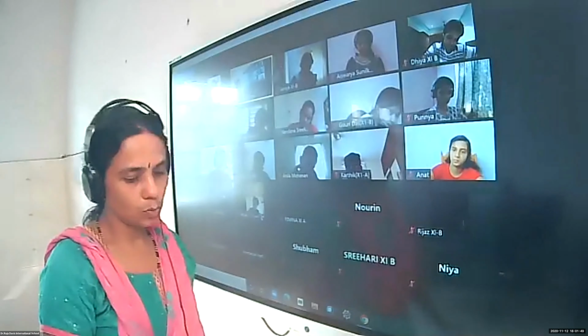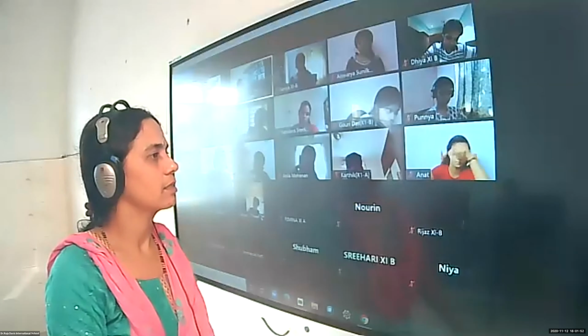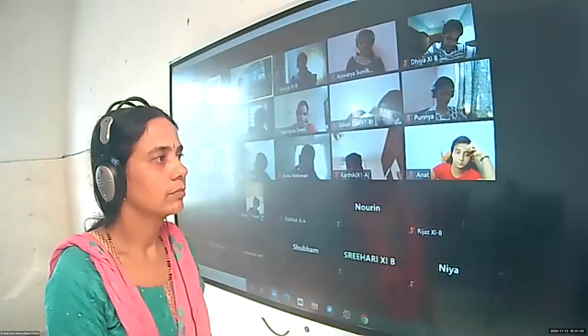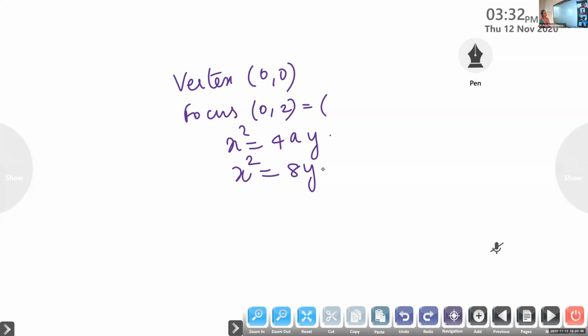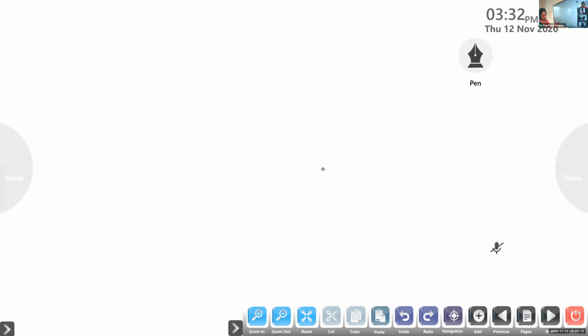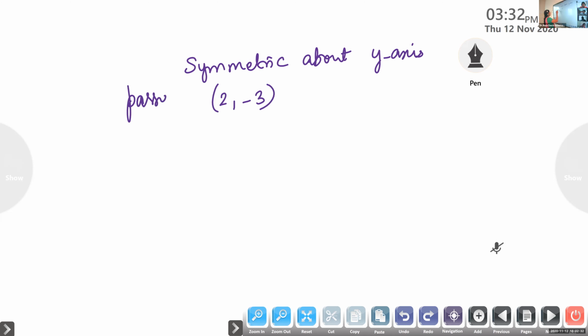It is symmetric with respect to the y-axis and passes through the point 2, -3. Do this and give the answer.